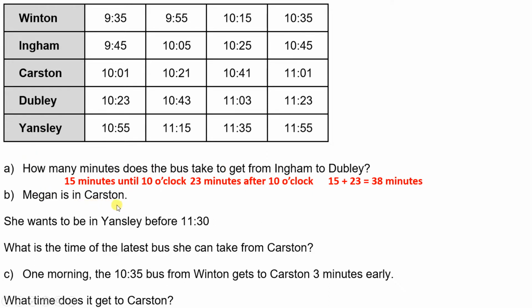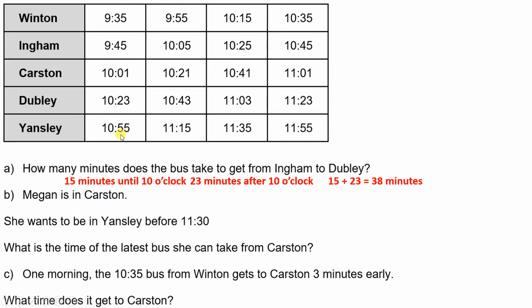Megan is in Carston, so this middle one. She wants to be in Yansley, so the one at the end, before 11:30. What is the time of the latest bus she can take from Carston? So she needs to be in Yansley before 11:30. So this 11:35 and 11:55 won't be the ones for her.